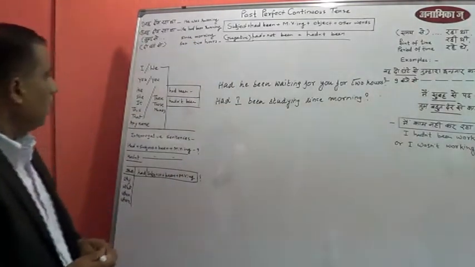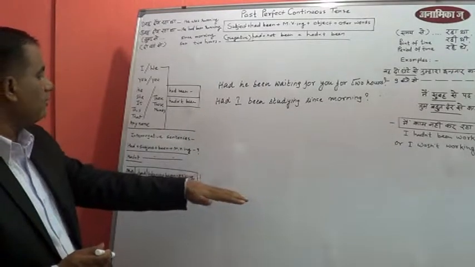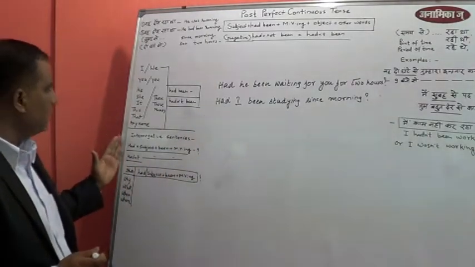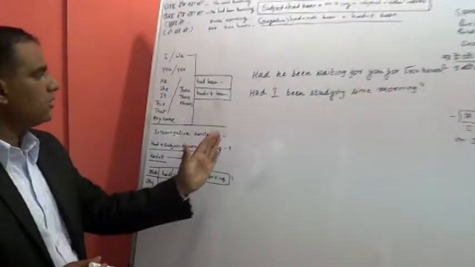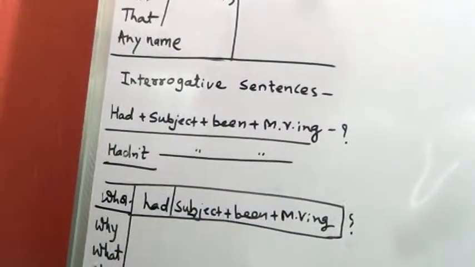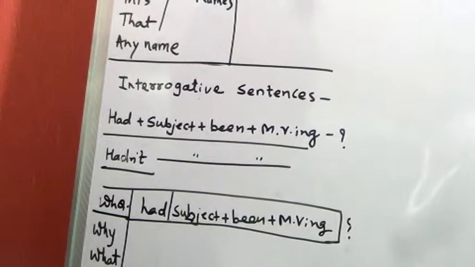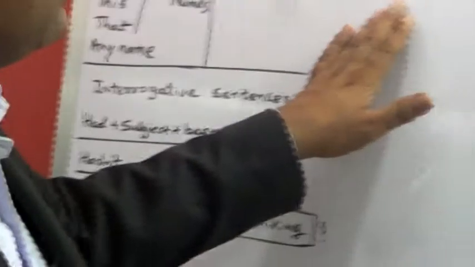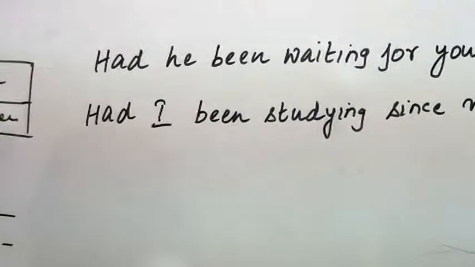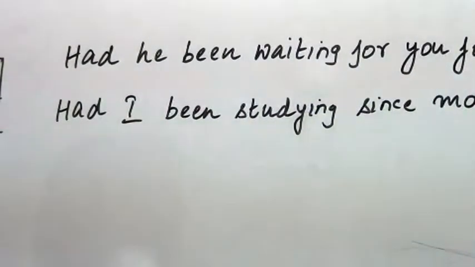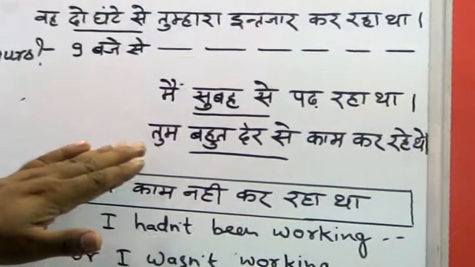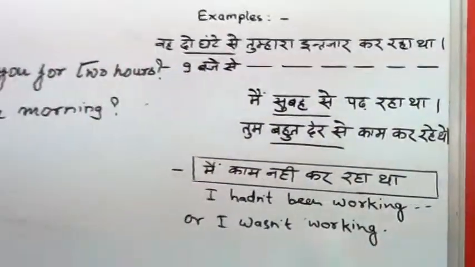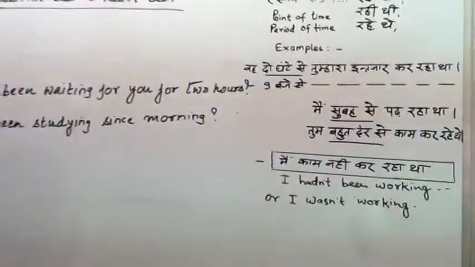Now let's see how to ask a negative question. So that is also very simple. Instead of had, hadn't will come, and the rest of the structure will remain the same. So instead of had, the sentence will begin with hadn't, and that will make it a negative question. Let's take an example. क्या तुम बहुत देर से काम नहीं कर रहे थे?